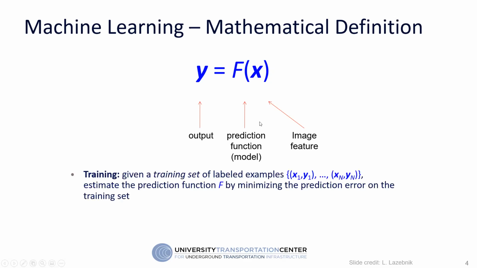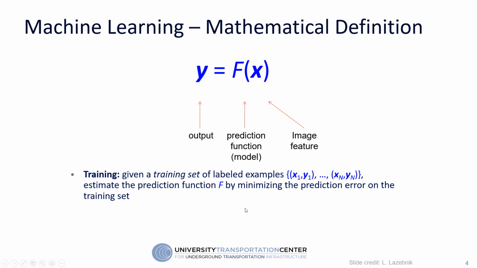So there are two steps. One is training. We have a given set of data, x1 to y1, which involves both input and output. And by machine learning, we try to get an estimate of the prediction function by limiting the error between the real data and the predicted data to be as small as possible.